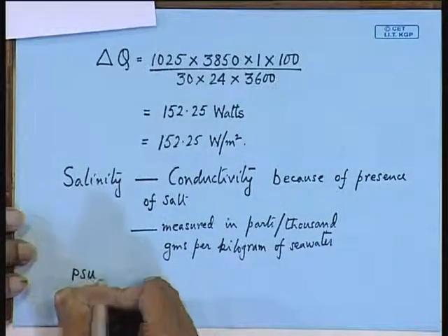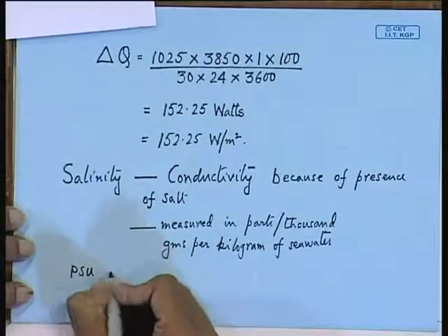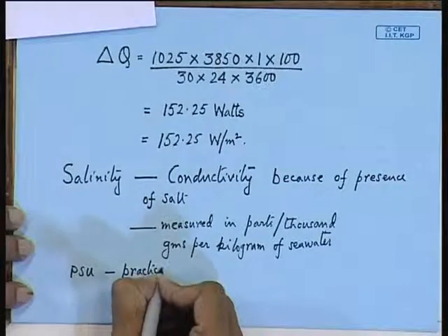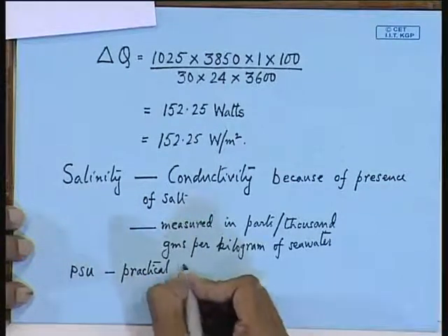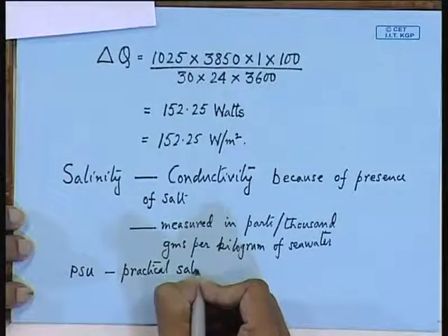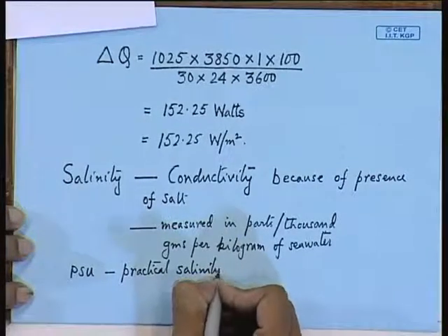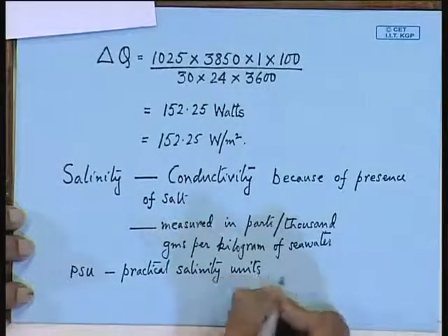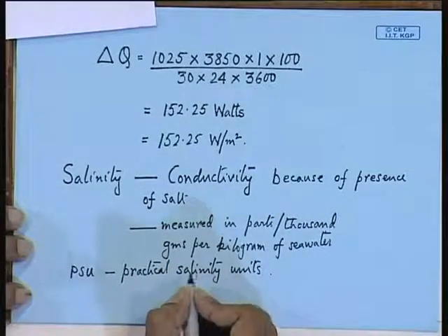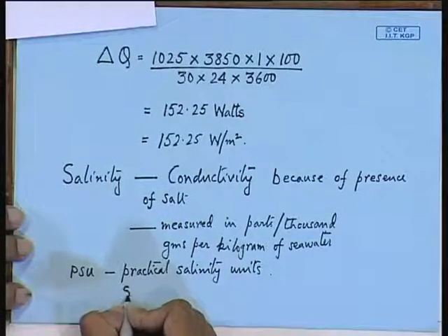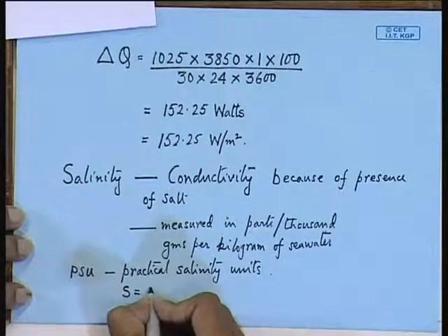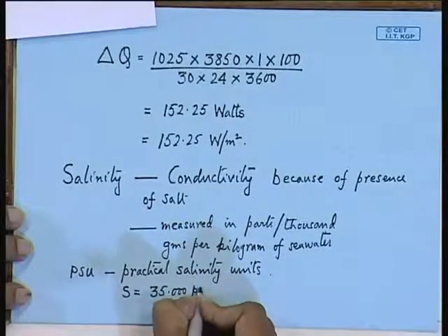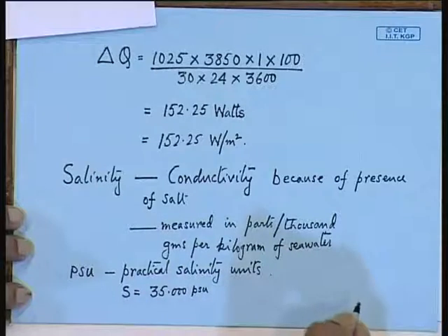If you look into your oceanography book, this is called practical salinity unit. Normally you will find in the literature they write like this: S is equal to 35.000 PSU, that is called practical salinity unit.